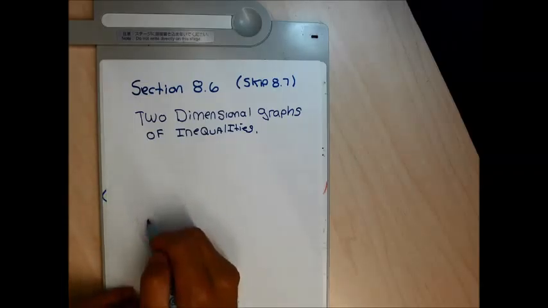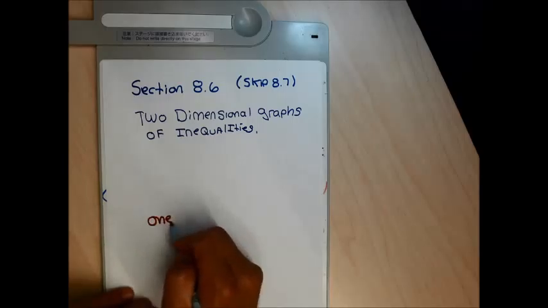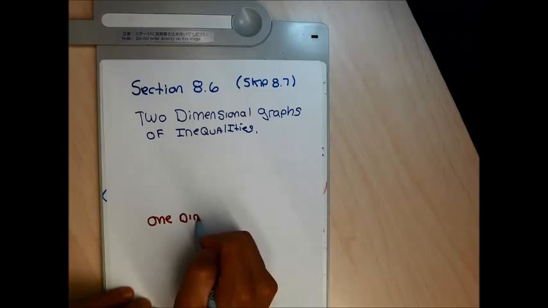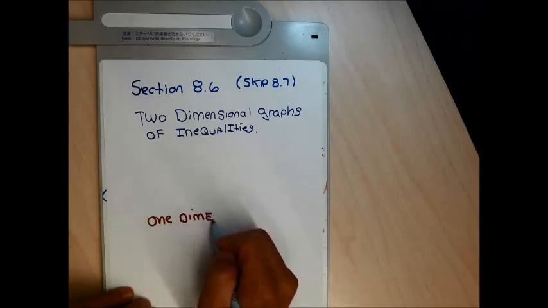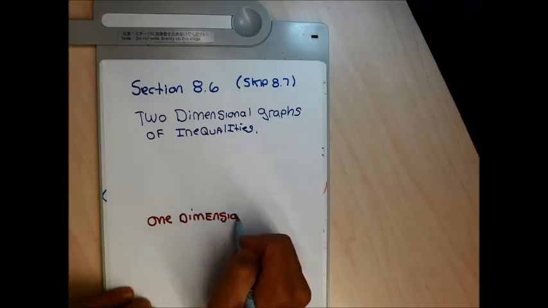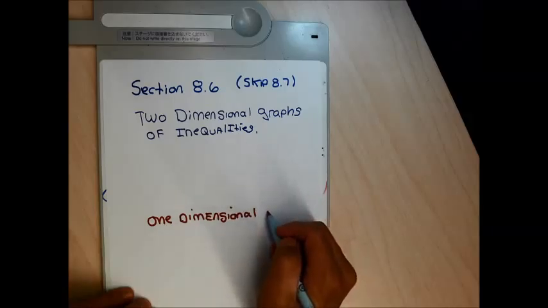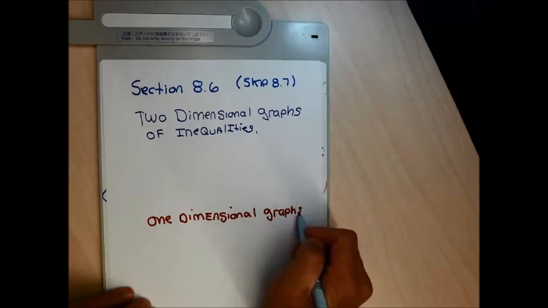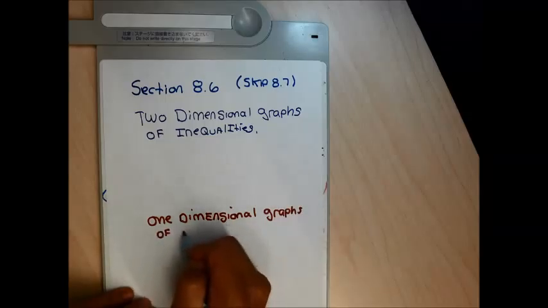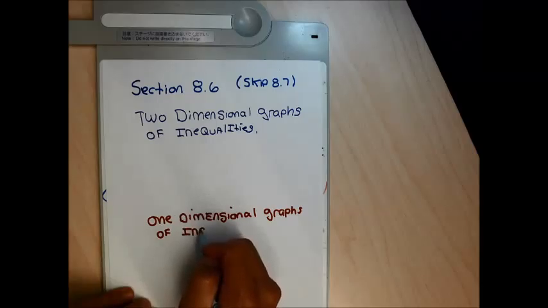So what we previously, you may have done one-dimensional or number line graphs of inequalities. And that's going to be completely different than what we do today. But there's going to be a little similarity.